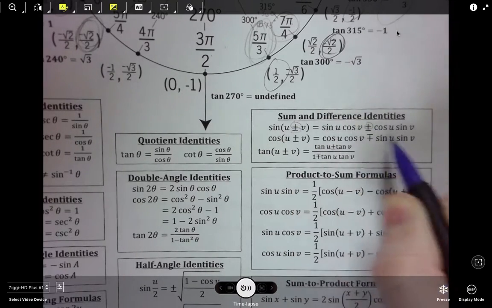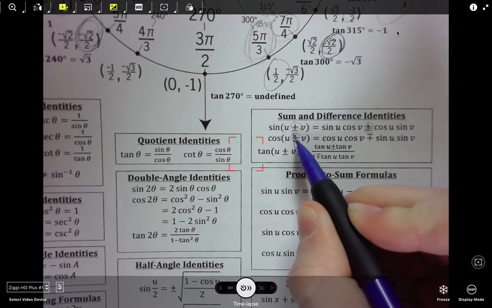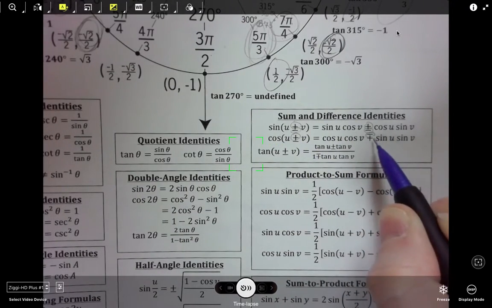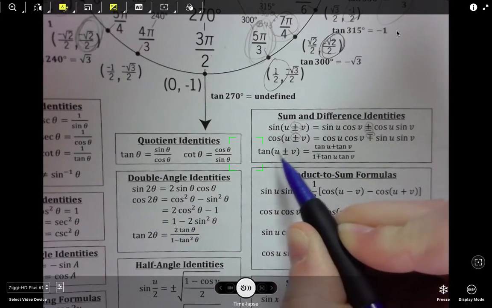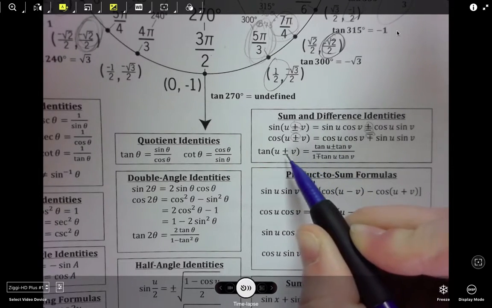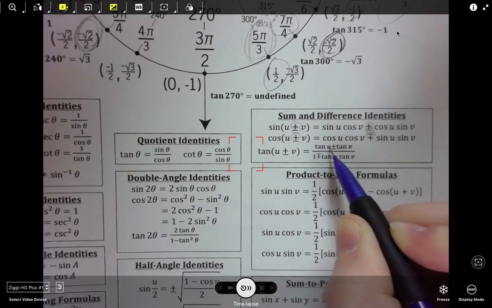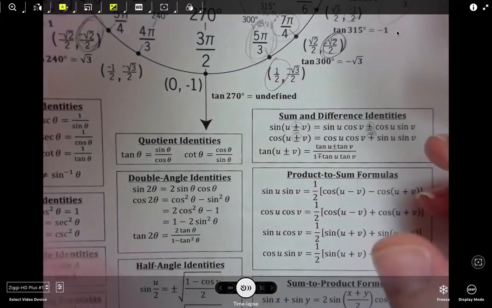If you're doing the minus here, you do the minus here. For cosine, if you're doing the plus here, you do the minus here, and if you're doing the minus here, you do the plus here. For tangent, if you're doing plus here, you do plus here and minus here, and if you're doing minus, you do minus and plus. So that's kind of how that works out. It's like two formulas embedded into one.